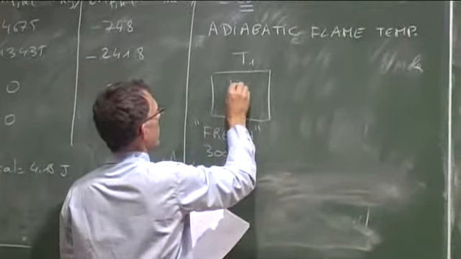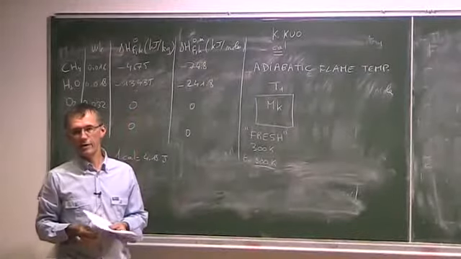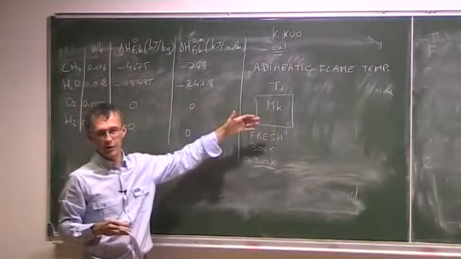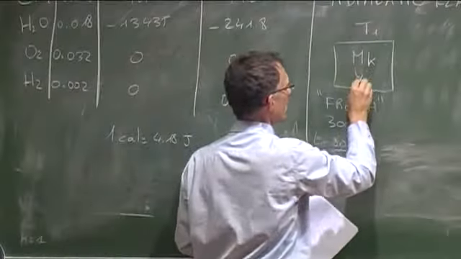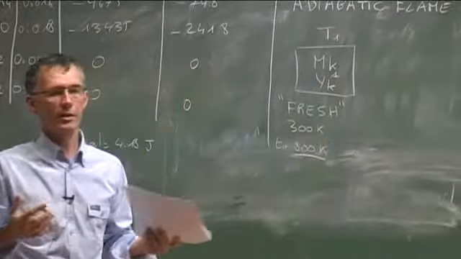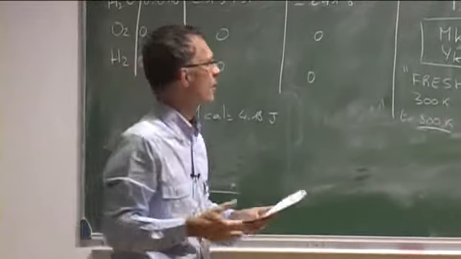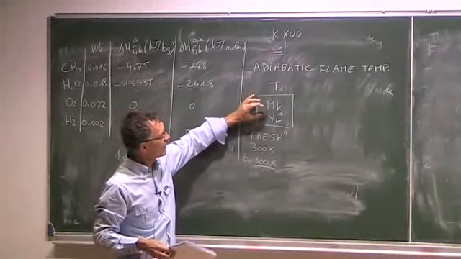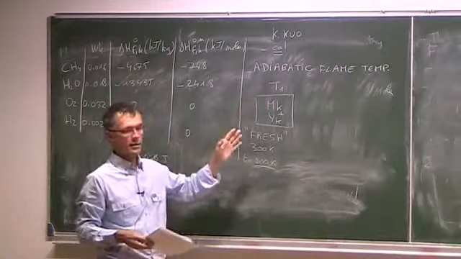Now here we have a mixture of fresh reactants, which we call MK. M can be hydrogen, CH4, whatever, O2, with concentration YK1. This is a given information in the problem. Someone tells you, I have this box at 300 K, and in this box I have put air, and I've added some CH4. Now I ignite it.